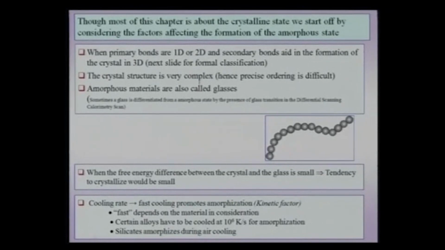These amorphous materials, as I sometimes told, are also called glasses, and the distinction often is made by the presence of a glass transition. In some materials there is a distinct glass transition which can be observed in a differential scanning calorimetry scan, while in others you wouldn't see this distinct glass transition, wherein crystallization takes place before the glass transition can take place.